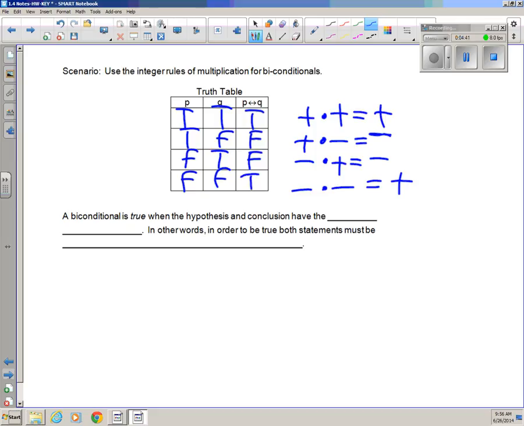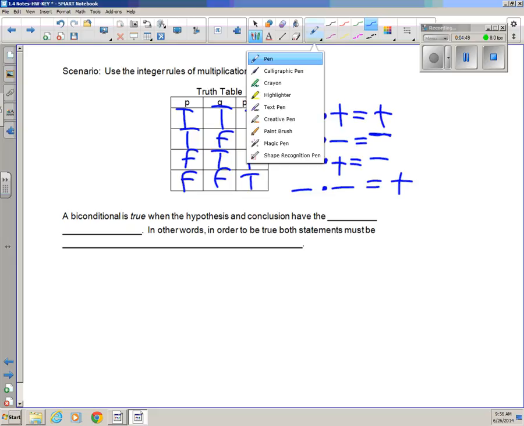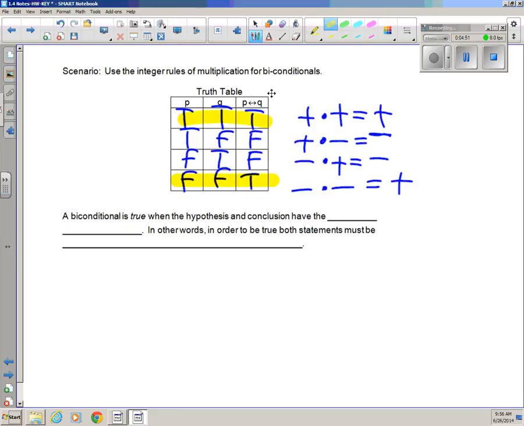So a biconditional is true only when, now take a look, when are we true? We were true here and we were true here, which means I'm only true when the hypothesis and the conclusion have the same truth values.